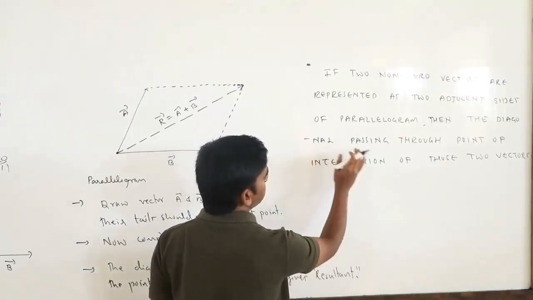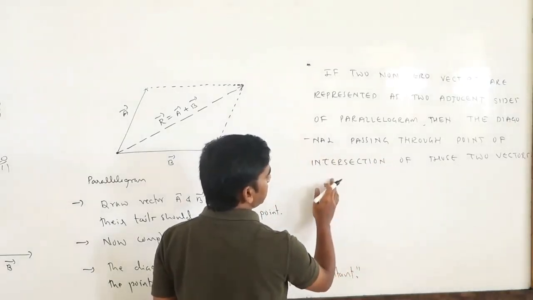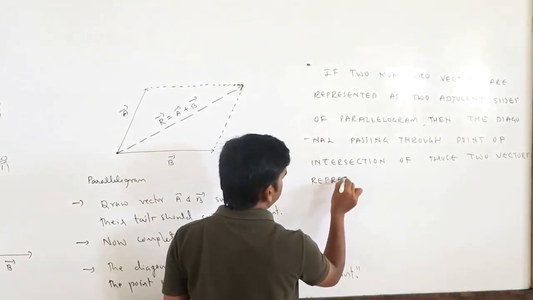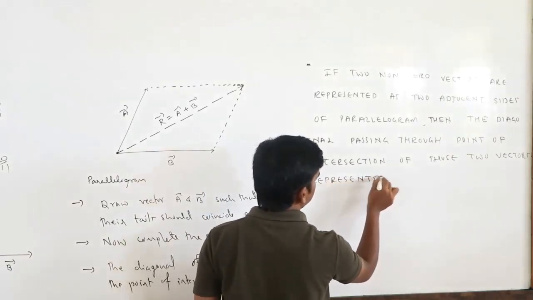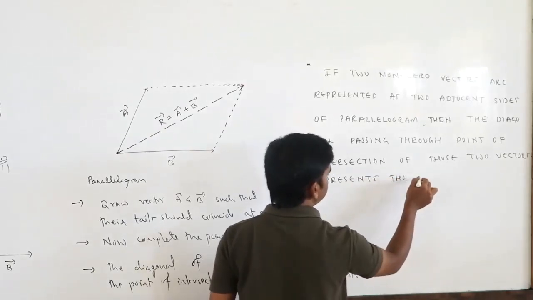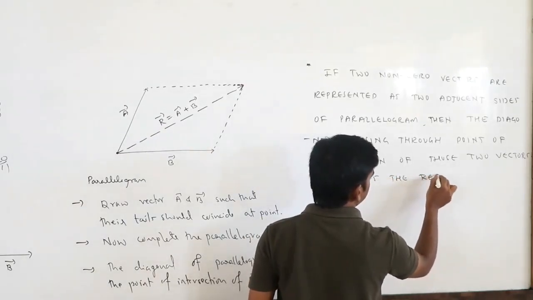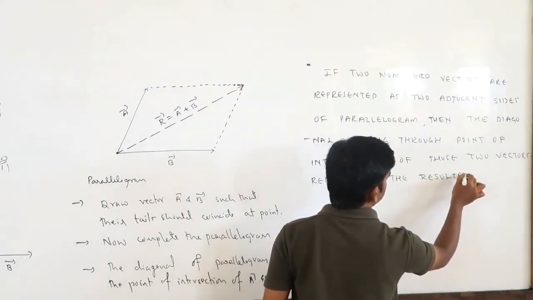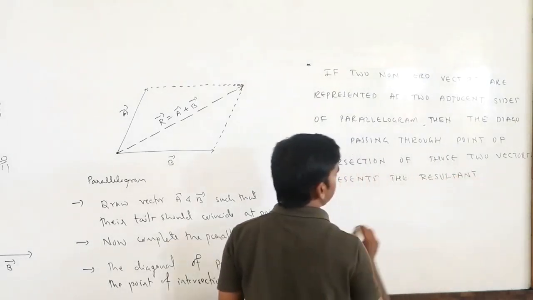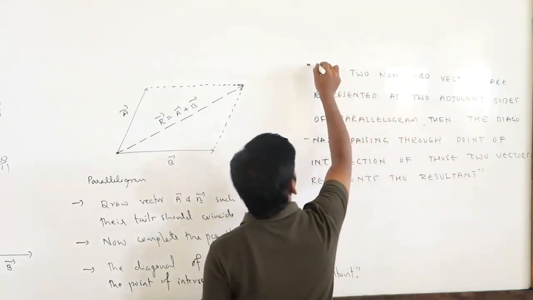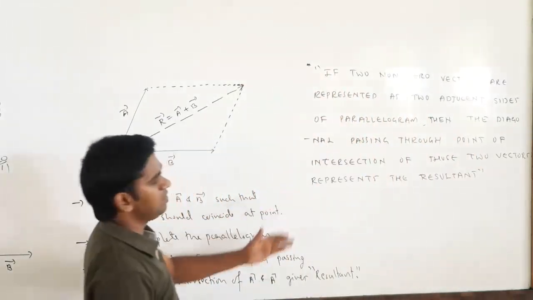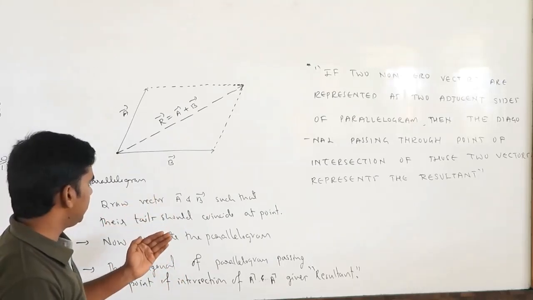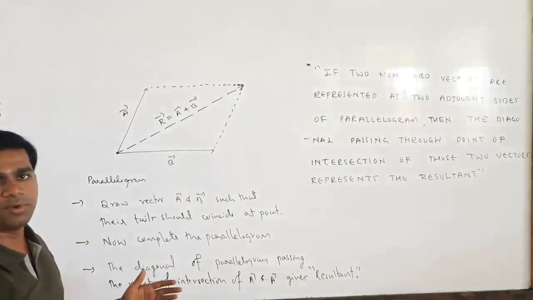Then the diagonal passing through the point of intersection of two vectors represents the resultant. Okay, so this is the definition or statement of the parallelogram law of vector addition.